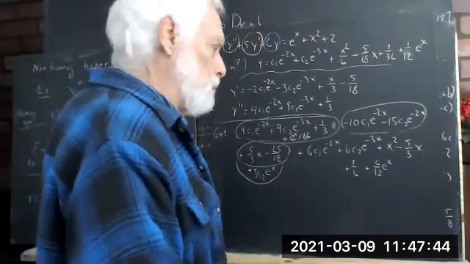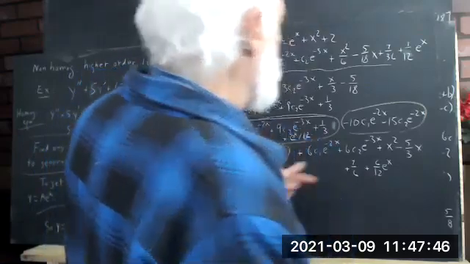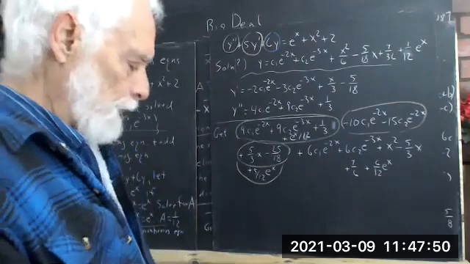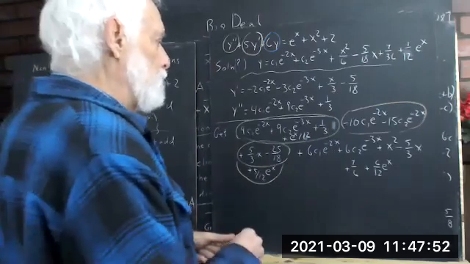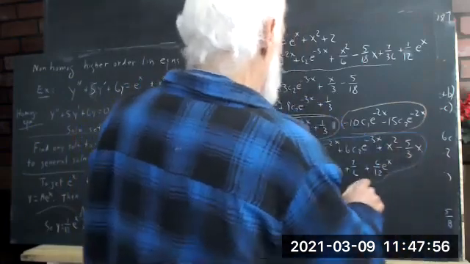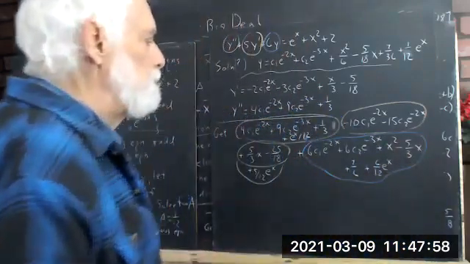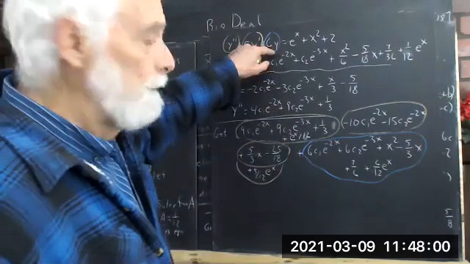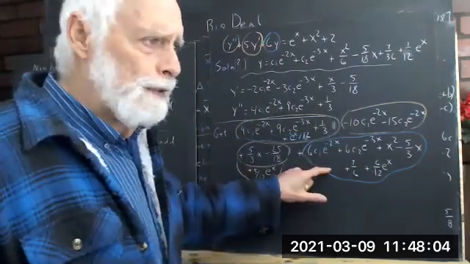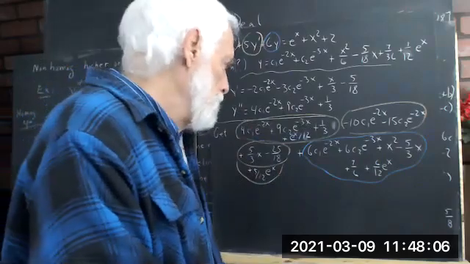Okay, have common denominator 1/12. So that should be about it. If I've got all the terms down, then all this stuff is this term. So if I've got everything down, that should be it.